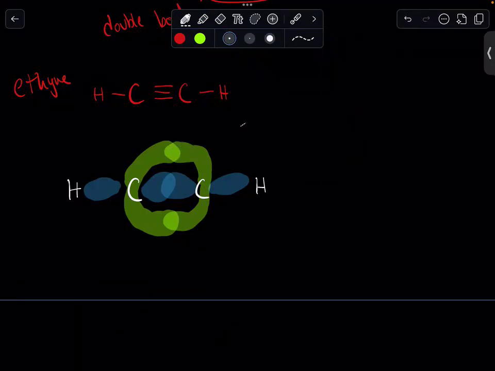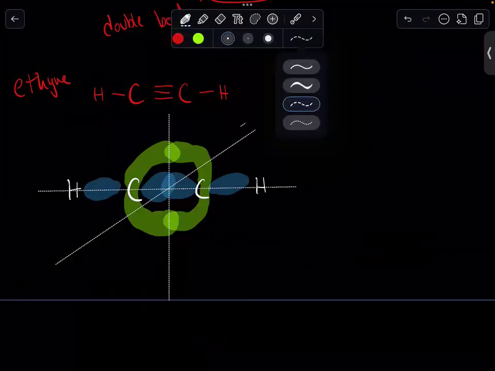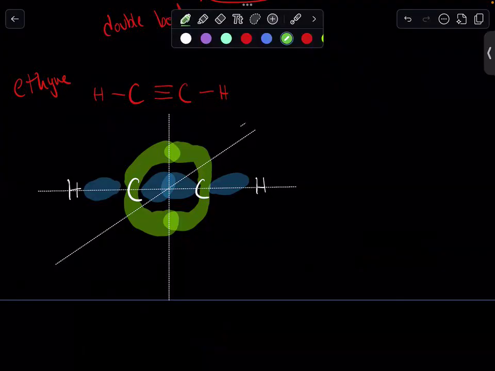So if you think about this as three-dimensional, we may have our overlap occurring on different planes. And so this is why it's hard for students to often visualize this. This might be our PZ plane. If we say this is the z-axis, the x-axis, and the y-axis, that overlap may be on the PZ plane.